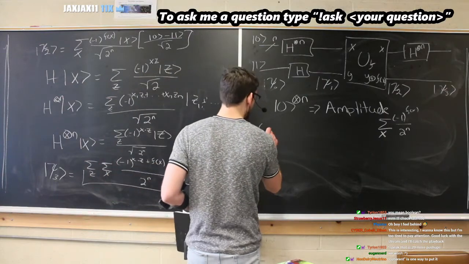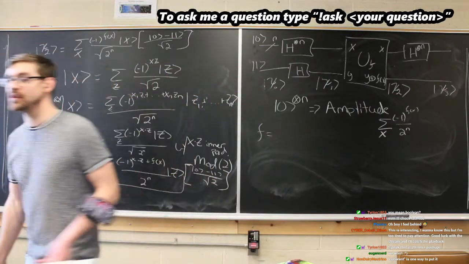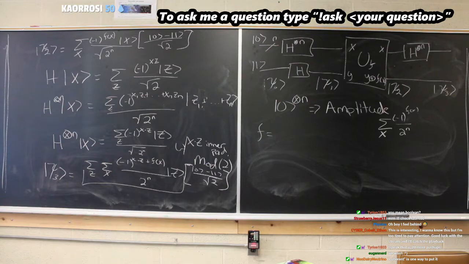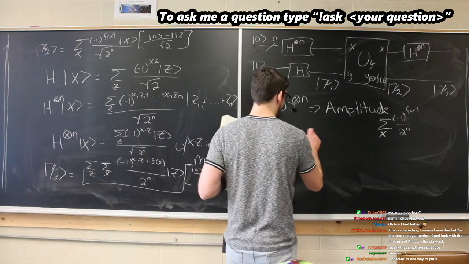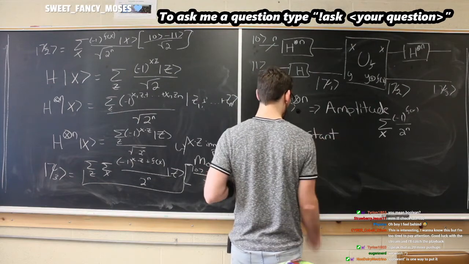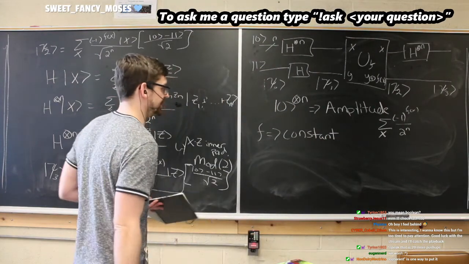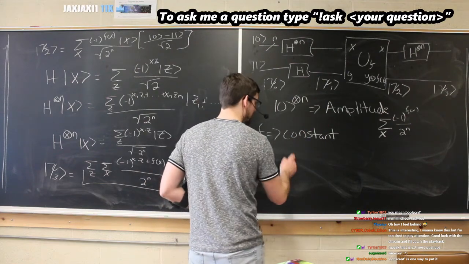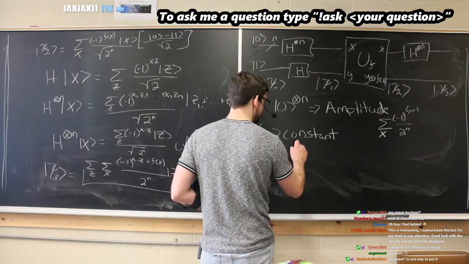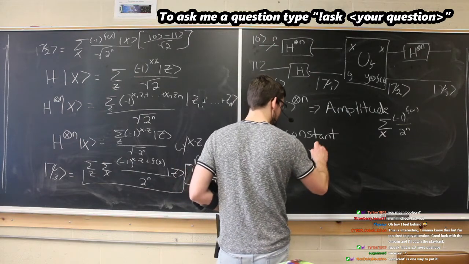If f is constant, then for every single value of x that we put in, we're going to get the same value. We're going to get the following amplitude, okay? If f is constant, then we're either going to get a plus or a minus on the 0 states, right?